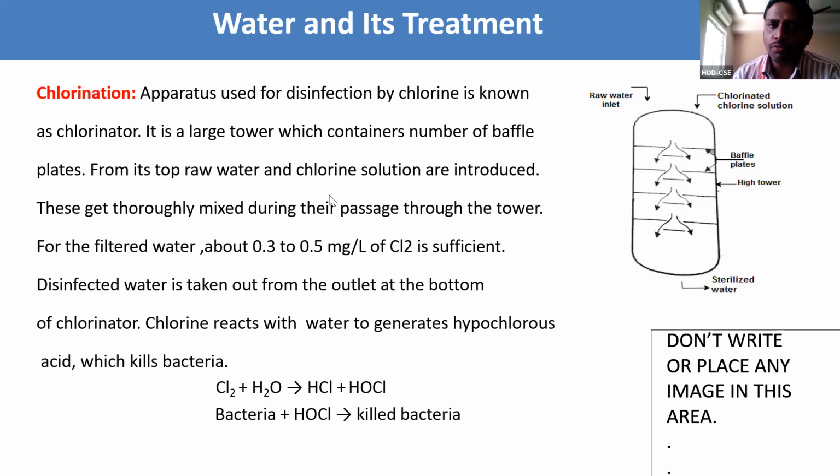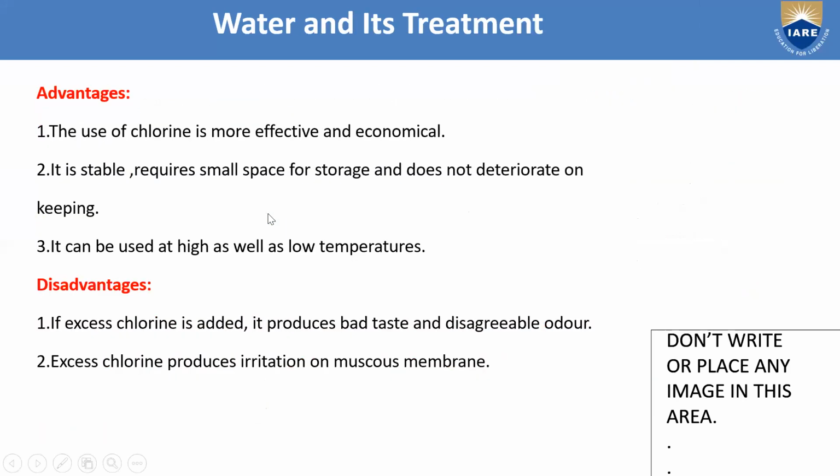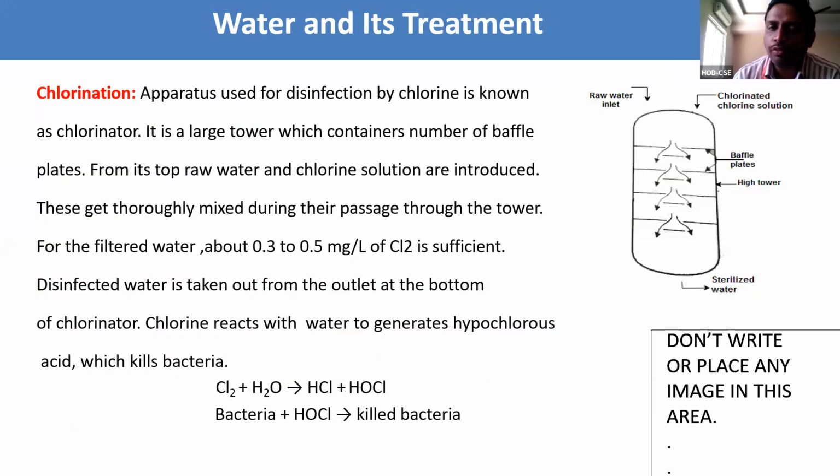In the process of disinfection by chlorination, we use this chlorinator apparatus for disinfection by chlorine. Here it is a large tower containing a number of baffle plates, from which we pour raw water from the top.